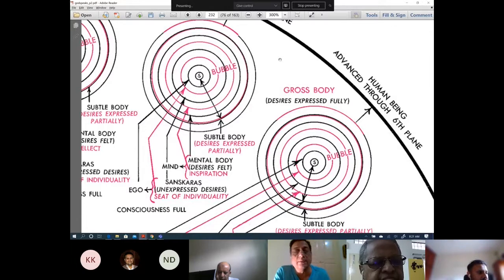Here the three circles inside are the individuality, and the rest of the bodies, mental body, subtle body, the bliss body, causal body, are all a part of our personality. And personality is what we have to drop. We have to go towards individuality.